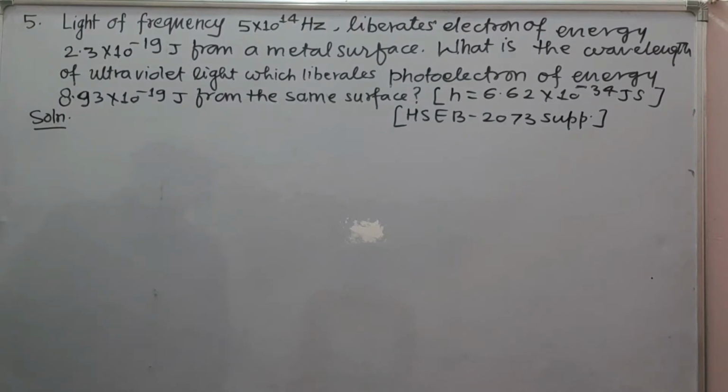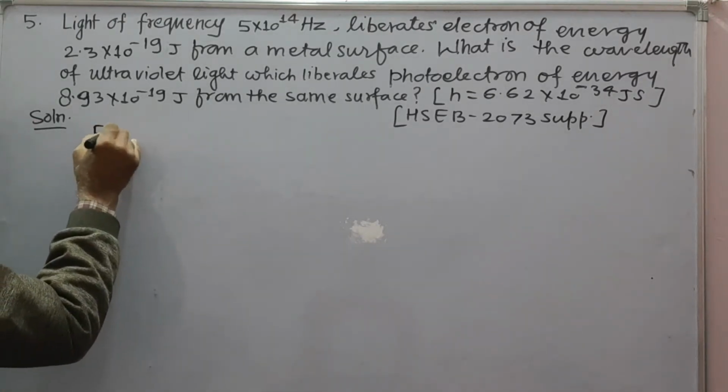Next question: Light of frequency 5 × 10^14 Hertz liberates electrons of energy 2.3 × 10^-19 joule from a metal surface. What is the wavelength of ultraviolet light which liberates photoelectrons of energy 8.93 × 10^-19 joule from the same surface? Now, in this question we have two cases.